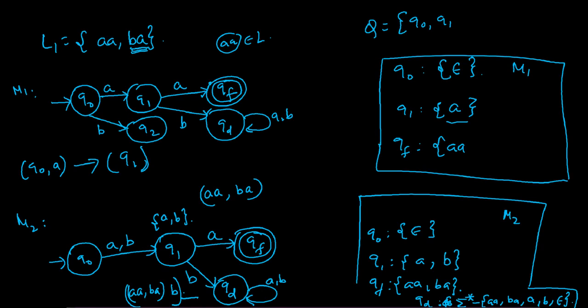When you are at Q2 and you see an A, then it should go to another final state, because BA is also a part of the language. Now QF2 is BA.